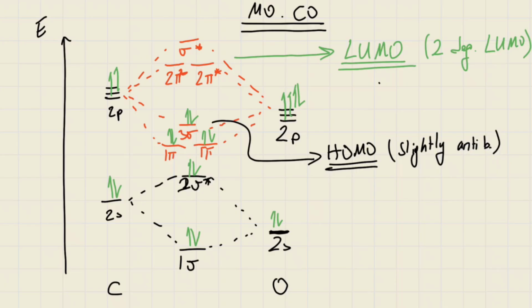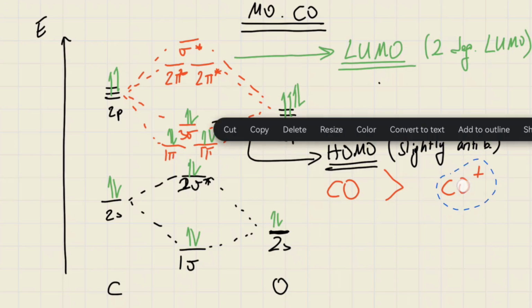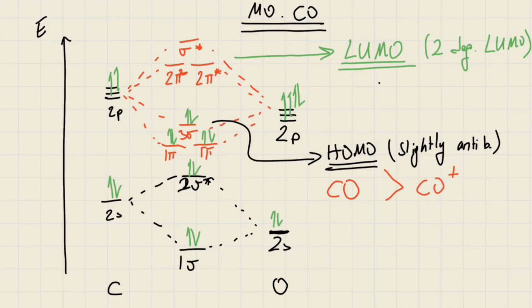If you remove an electron from the HOMO, the molecule becomes more stable since bond order increases, or the CO bond strength increases. And we can understand it if you look at the CO and CO plus bond lengths. We realize that the CO bond length is bigger than the CO plus bond length. So it shows that these HOMO orbitals are actually anti-bonding.